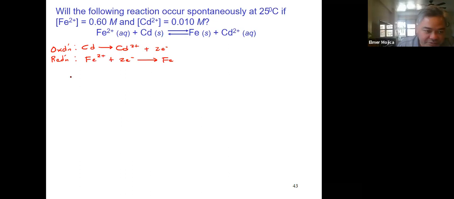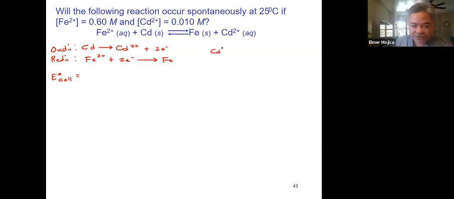Now, the first thing for you to do is determine the standard cell potential. And if you're going to look at the reduction potential, you have your Cd2 plus to Cd, and the other one is Fe2 plus to Fe, which we already know from the previous example is negative 0.44. Now this one is negative 0.40.